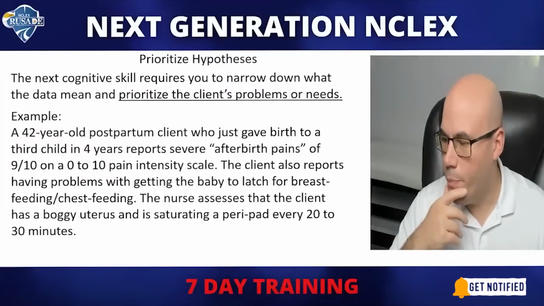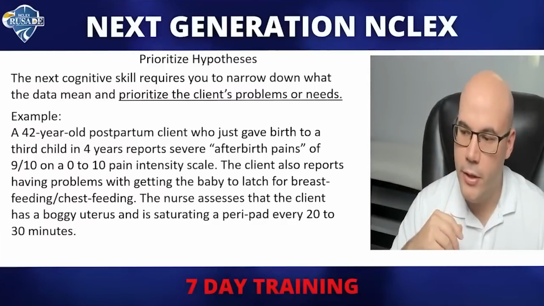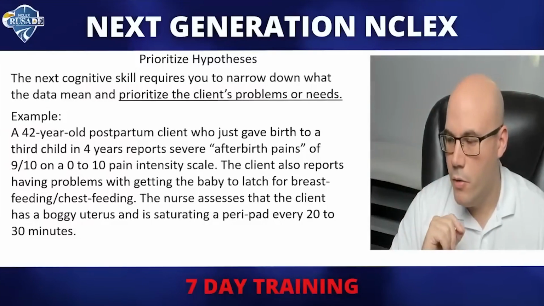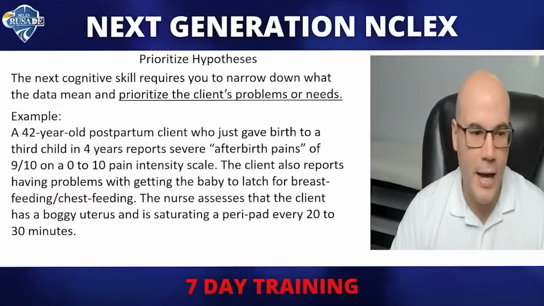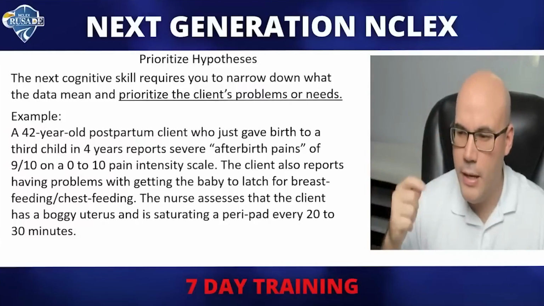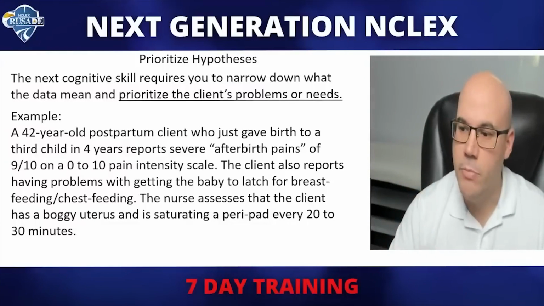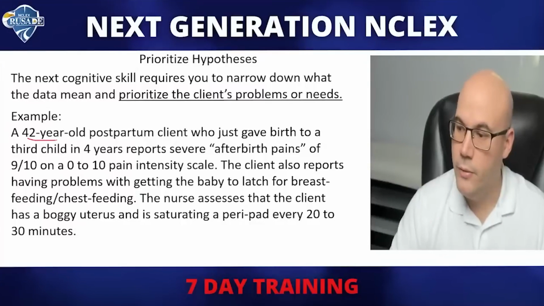A 42-year-old postpartum client who just gave birth to a third child in 4 years reports severe afterbirth pain of 9 out of 10. So in your mind, you have to be identifying some key factors. For example, the age, 42-year-old, gave birth to the third child.